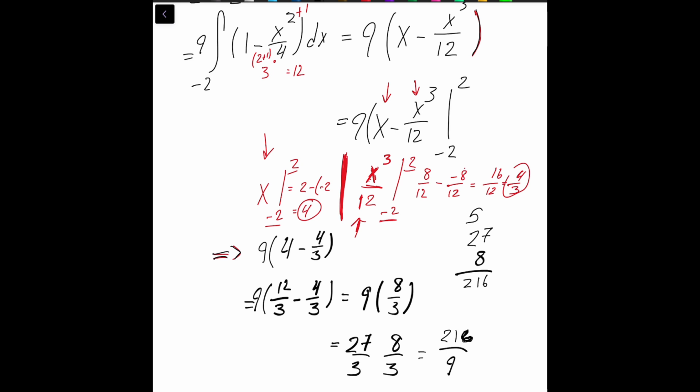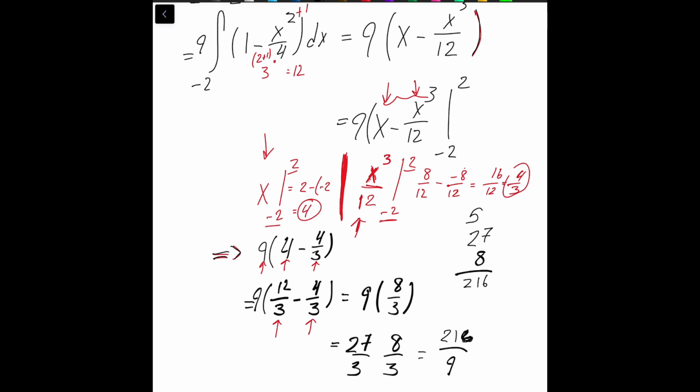So if we go ahead and substitute them back into our expression, we get (4 minus 4/3) times 9, right? I'm going to multiply the 4 by 3 so that I can have a common denominator, giving me 12 over 3 minus 4 over 3. And all I'm left with is 9 times 8/3. Then I'm going to do the same thing I just did to the 4 to my 9.